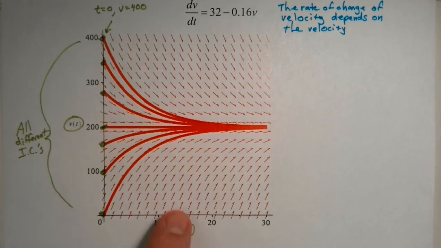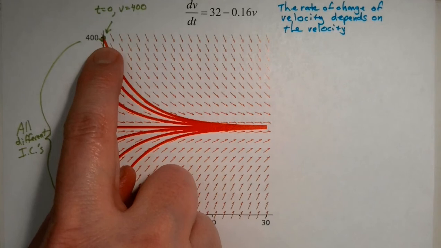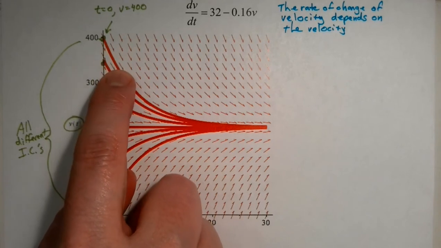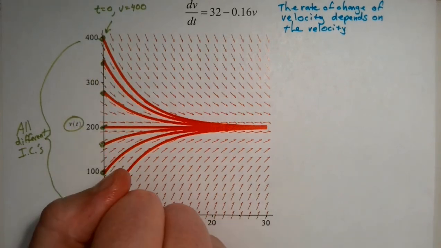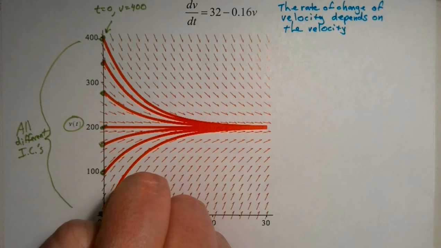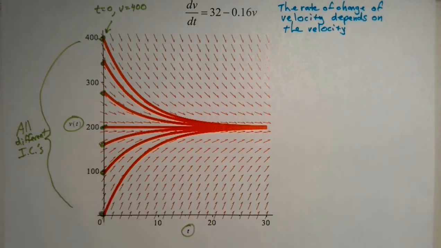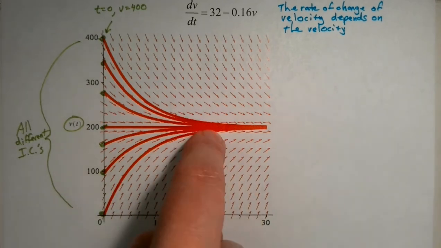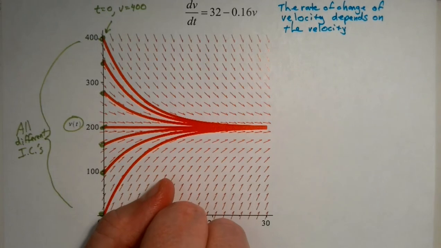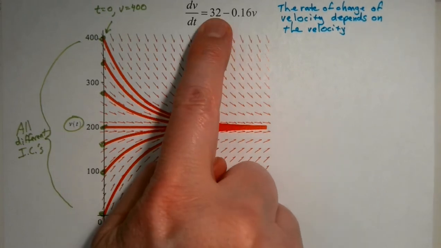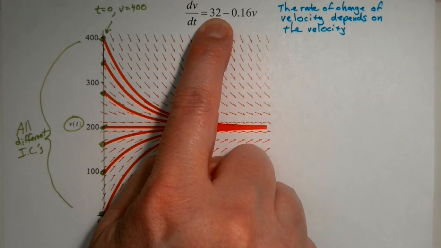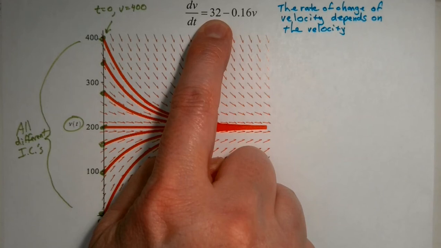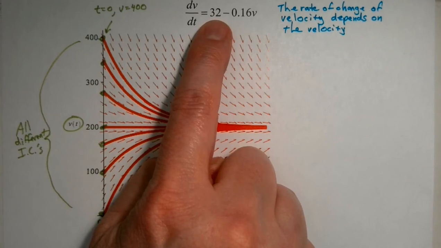Immediately, as time goes by, the velocity of the baseball starts to decrease. Why is that? Why would the velocity of the baseball decrease? If it's going downward, you'd expect it to speed up, right? Well, that's the velocity-is-going-to-speed-up part of the equation. This right here is the part of the rate of change of velocity that's due to gravity.